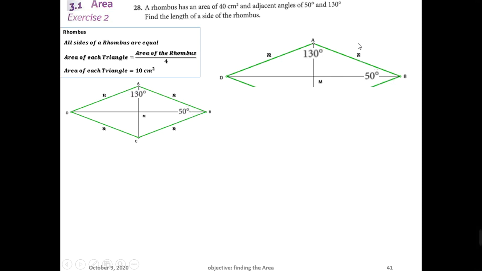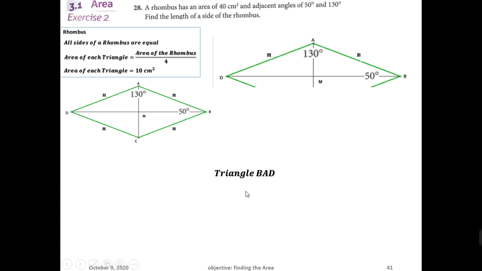Enlarge this triangle, which is ABD. Enlarge it. So you have side n, side n. So DA and AB, n and n. Then you're going to write the general formula in triangle BAD or DAB.